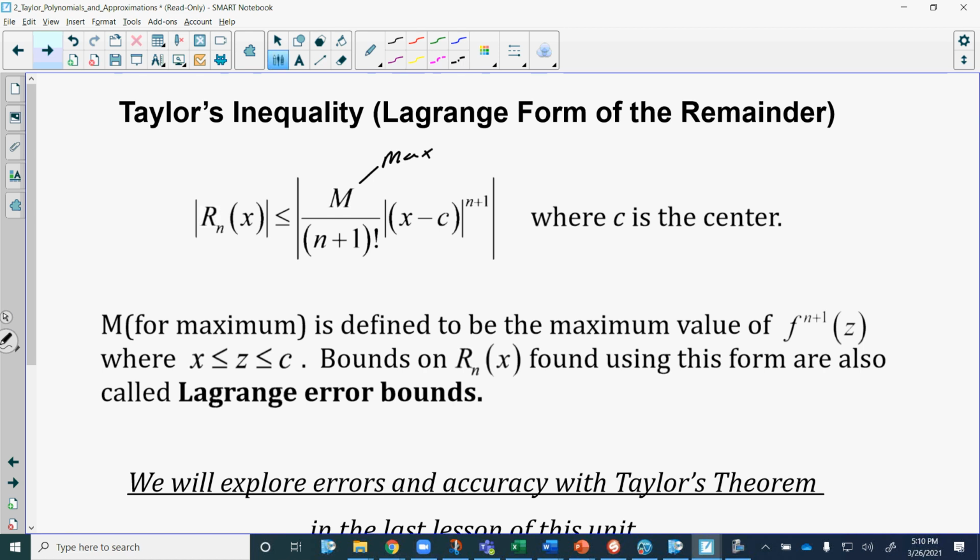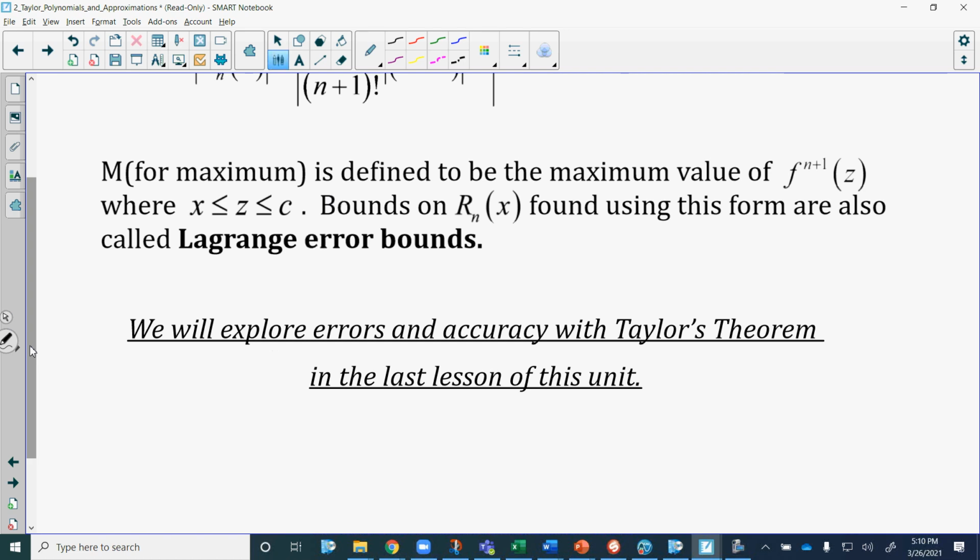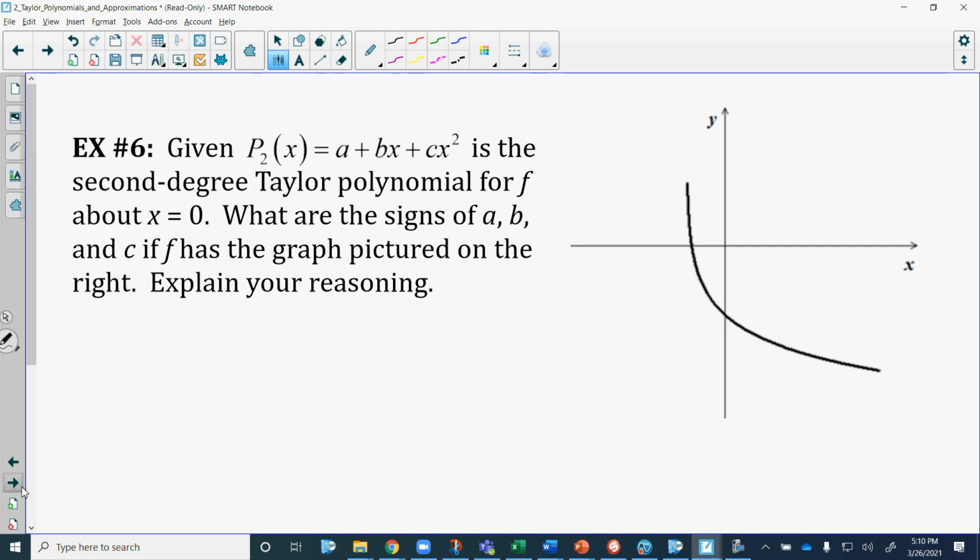So we'll be looking at this in more detail later on. And here it's finally telling you that we'll see this stuff a little bit later. To be continued. Foreshadowing. All right.